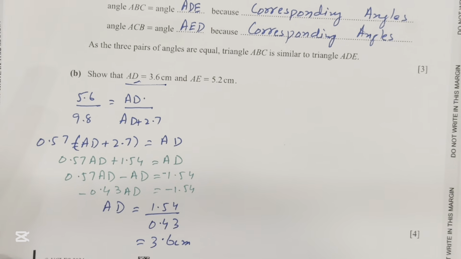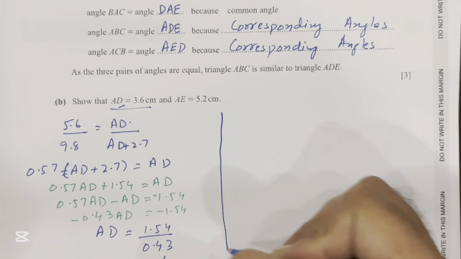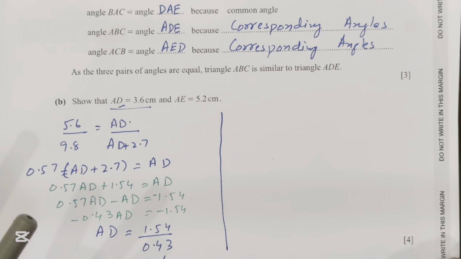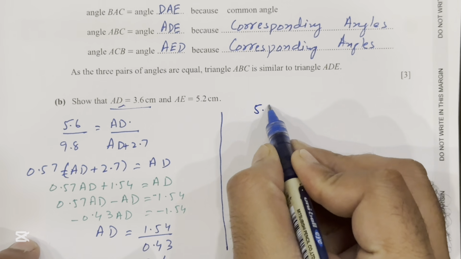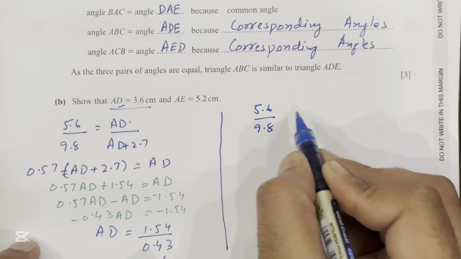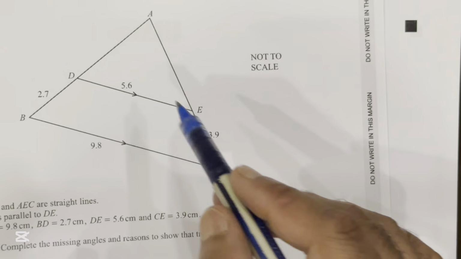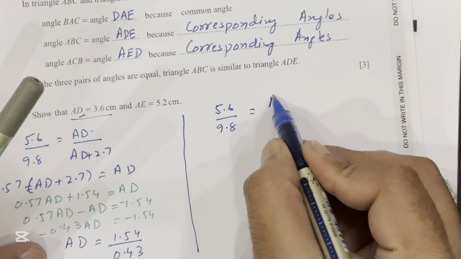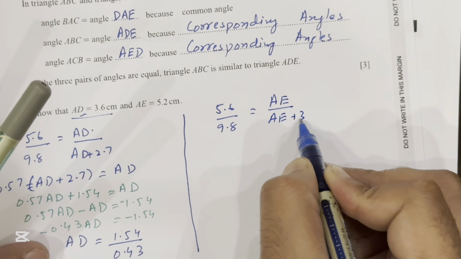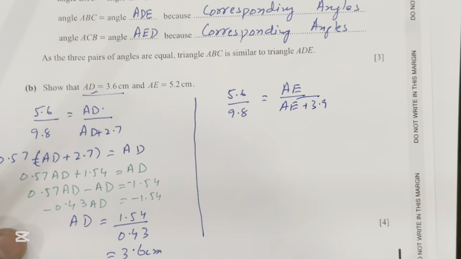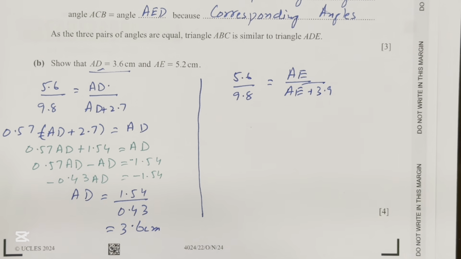Next part is AE. So the same way we can calculate the value for AE. Again we have to take 5.6 divided by 9.8, that is equal to AE over AE plus 3.9, because similar triangles have the same ratio between their sides.